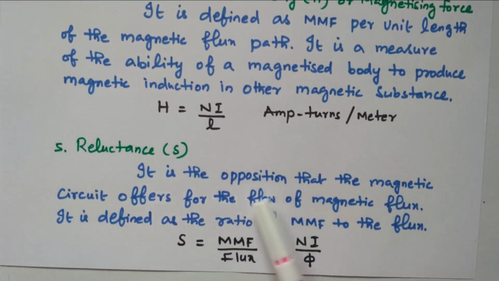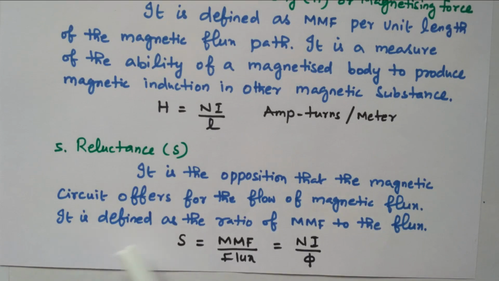So it is the opposition that the magnetic circuit offers for the flow of magnetic flux. So it is very similar to resistance. Resistance will oppose the flow of current, so this reluctance opposes the flow of flux. So this reluctance is very similar to resistance in the electric circuit.